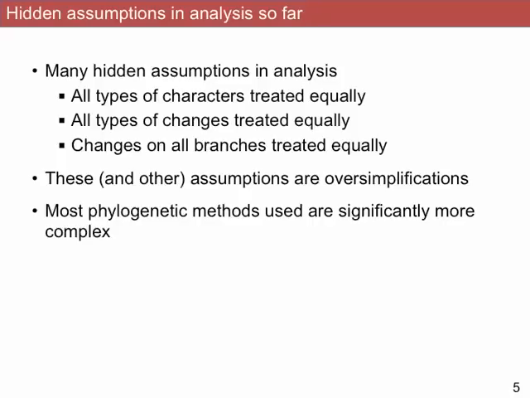I started in on this but didn't finish, in terms of types of DNA changes. And then changes on all branches are treated equally, and I will very briefly talk about this. In general, these assumptions are fine for some purposes, but in most cases, they're oversimplifications. And if you can, it's important to try and account for the reality of evolution when you try and make inferences about evolutionary history.